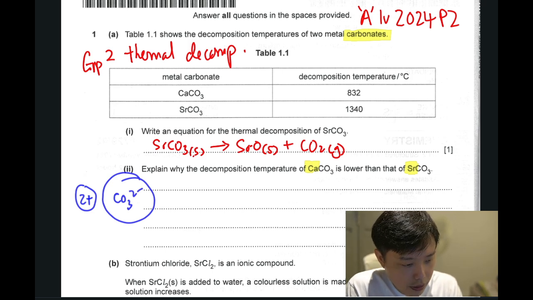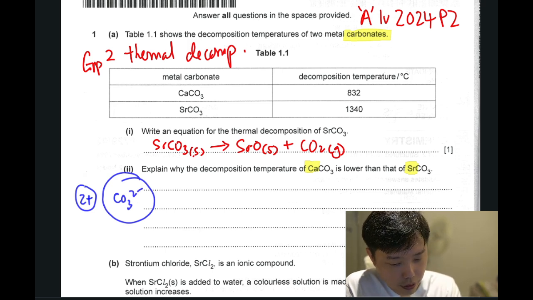So if you're thinking about the influence of the cation on the anion, you need to think about the charge density.